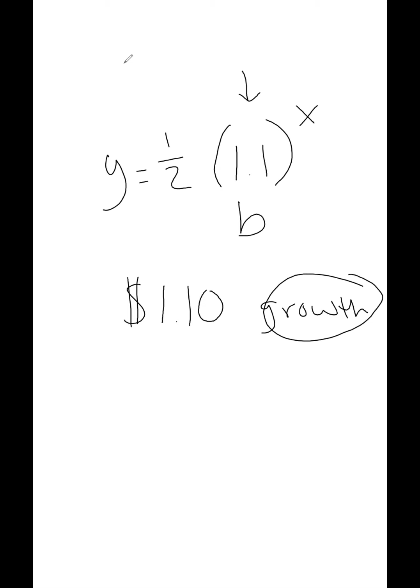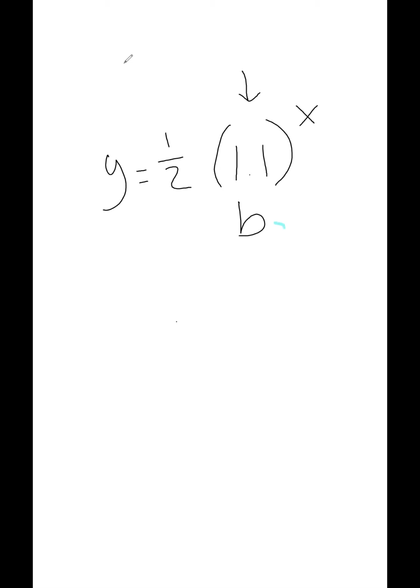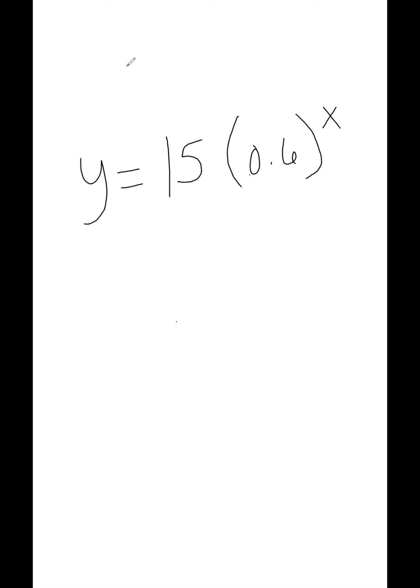All right, let's look at another one. If I had something like y equals 15 times 0.6 to the x, again, we don't care about anything but what's in the parentheses. That is your b value. That's what shows growth and decay.